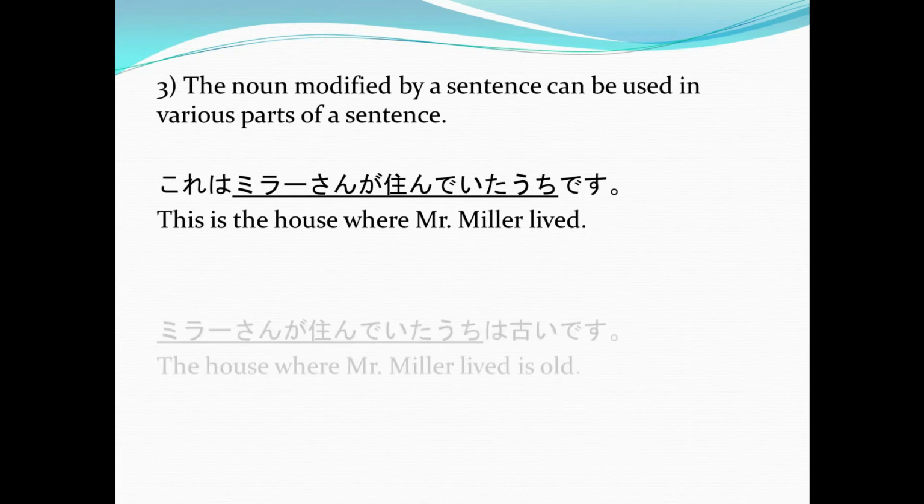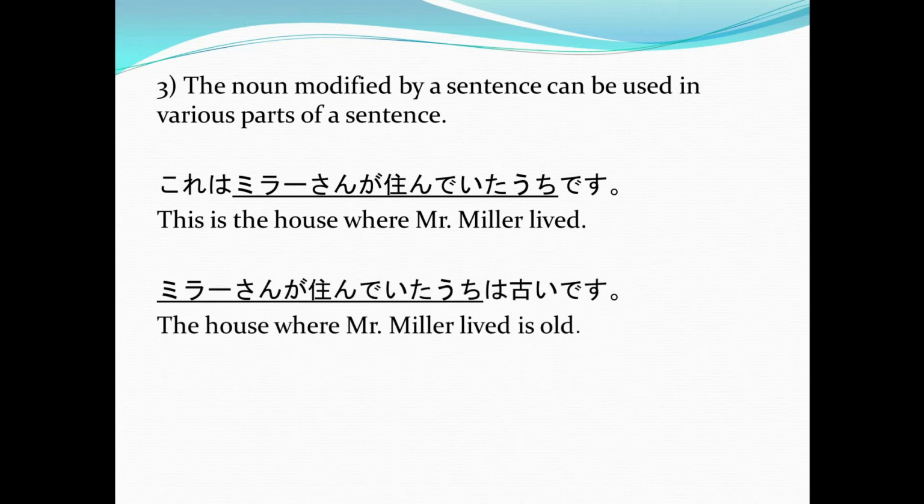Now, take a look at the next example, wherein the noun that we are trying to modify is at the end of the sentence. Mira san ga sunde itta uchi wa furui desu. Again, Mira san ga sunde itta uchi wa furui desu. Or the house where Mr. Miller lived is old.